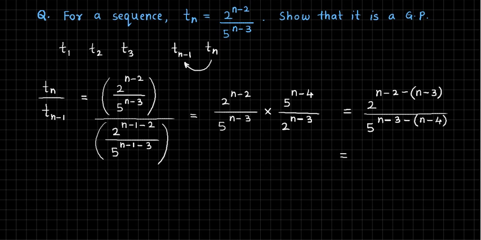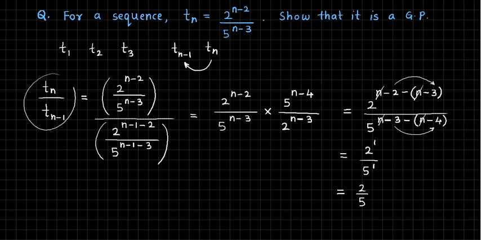So this in turn gives us, we'll see that n will get cancelled, and minus 2 plus 3 gives us 1. So that is 2 raised to 1 whole divided by, in the denominator also n will get cancelled when we open the bracket, and minus 3 plus 4 gives us once again 1. So that turns out to be 5 raised to 1, which is nothing but just 2 by 5.